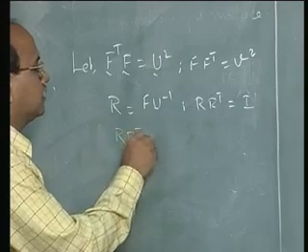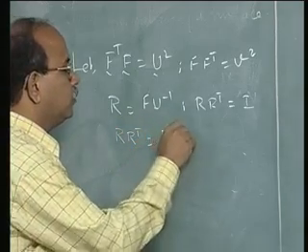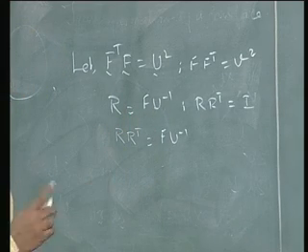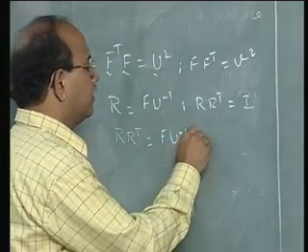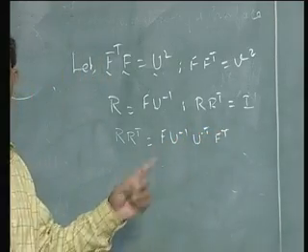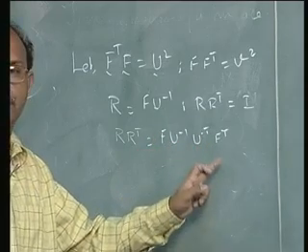R transpose is equal to F U inverse transpose, so that becomes U inverse transpose F transpose. U being symmetric, so U inverse F transpose.